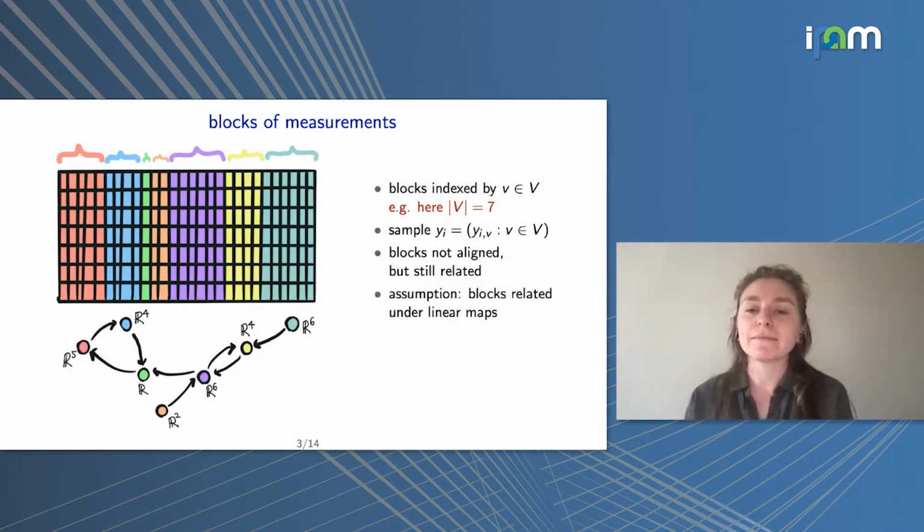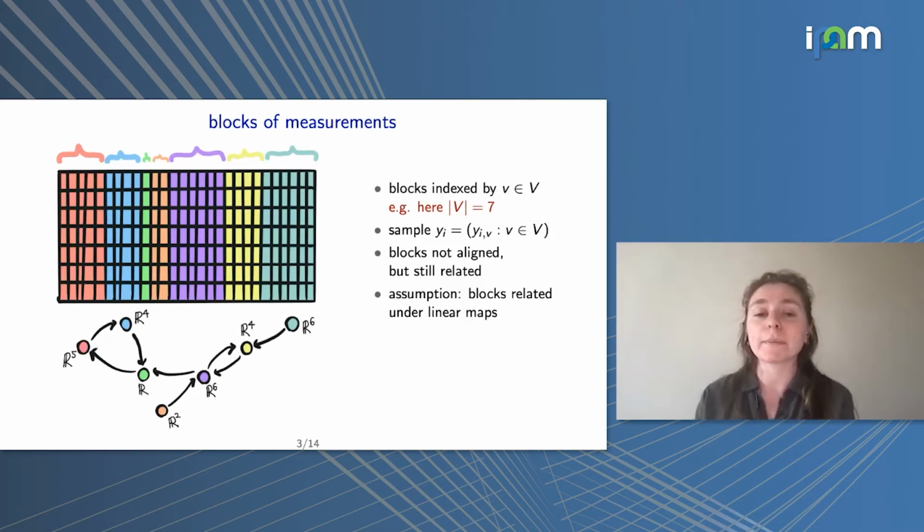And we can make an assumption that the blocks are related not just under any old maps, but under linear maps. So here, these arrows represent the maps that take us from one block of measurements to another.